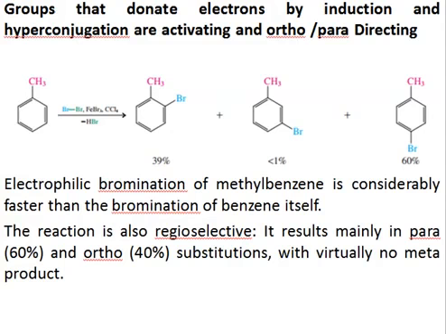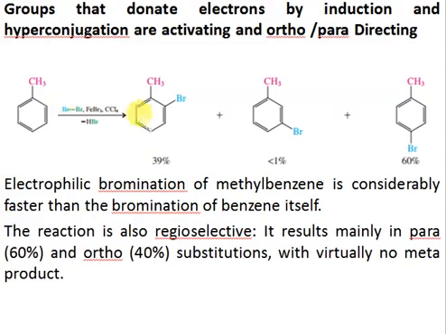So here we are considering the electrophilic bromination of methyl benzene, right? Here we have a methyl benzene, and this is the electrophilic bromination. As you have studied in the previous lecture, the catalyst used for this purpose is iron bromide or ferric bromide, and normally the solvent we use is tetrachloromethane.